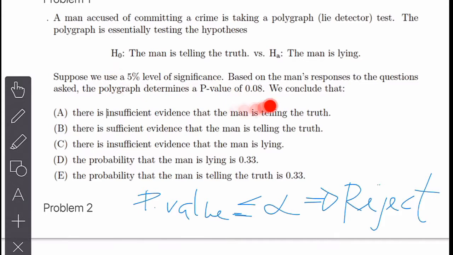All right, and you're told that you're going to compare that to 5%. So the chance of seeing was 8%, and that, as compared to 5%, is not so strange. All right, we're not going to say that that's strange. We're only going to say it's strange if it was less than 5%. So in other words, the chance of seeing what we saw was 8%. That sounds very rare.